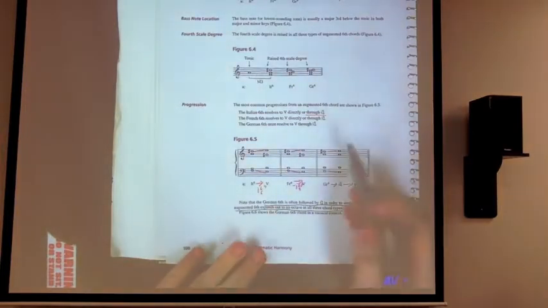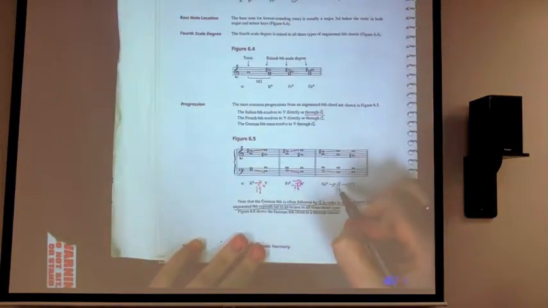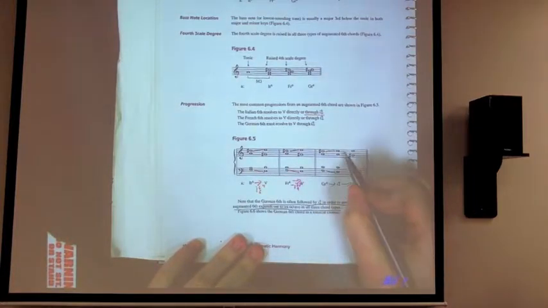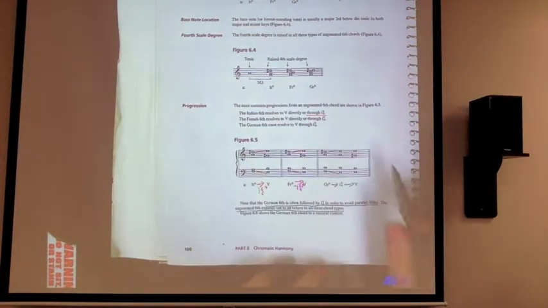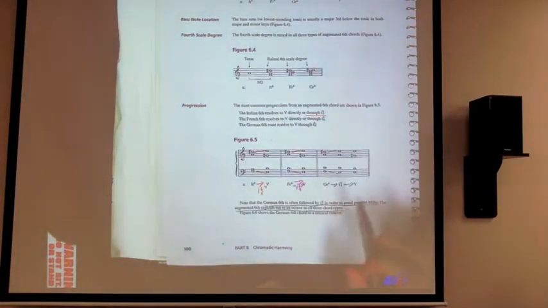But because of this expansion, it doesn't go to 5, it goes to 164, and then resolves normally. Same old rules, so try and keep a common tone, right? Yeah, and that's to avoid parallel fifths.